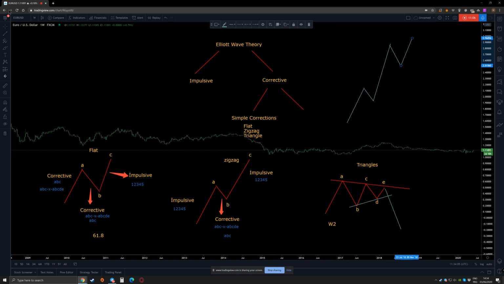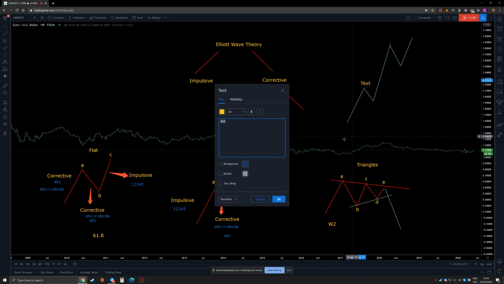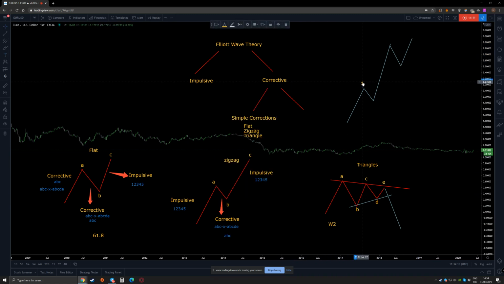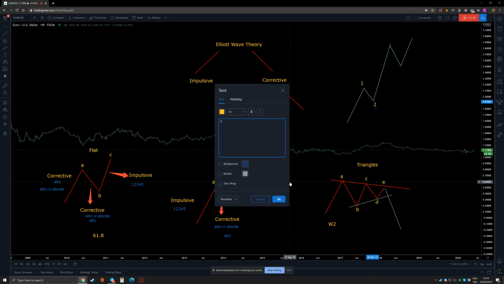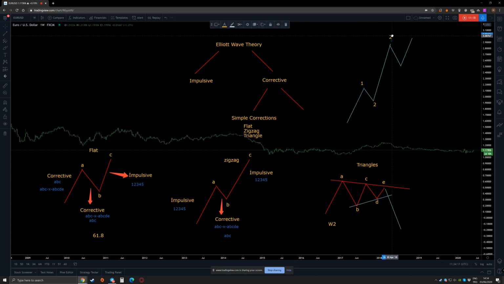Now, we will say wave 1, wave 2, wave 3, wave 4, and wave 5. Look, the second wave, this one here, cannot be a triangle in a lower degree.